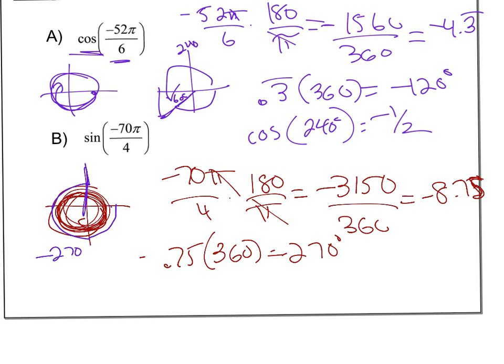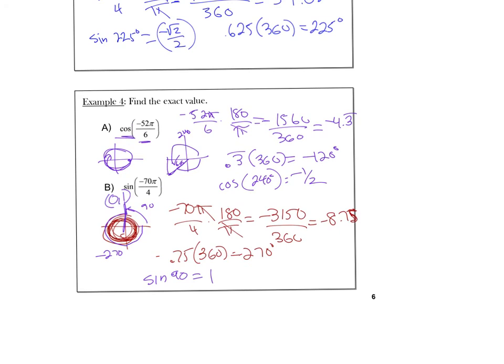So that's negative 270, which happens to be the equivalent of positive 90 degrees. So I want the sine of positive 90 because they're coterminal, they're at the same thing. That's going to be 1. Just remember that 0, 1 up there. So that's kind of what I'm looking at to do.